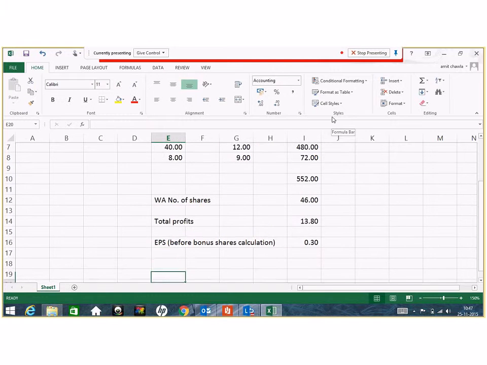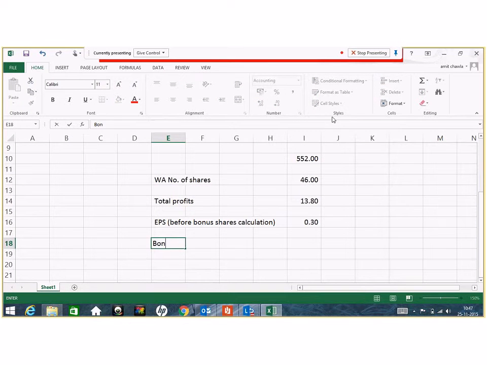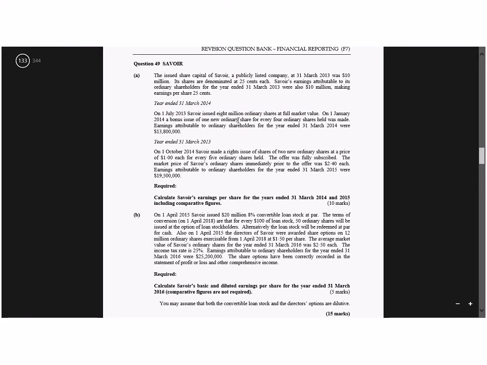Right? But since the bonus issue is made, bringing number of shares outstanding, as the bonus issue is given as 1 for every 4.